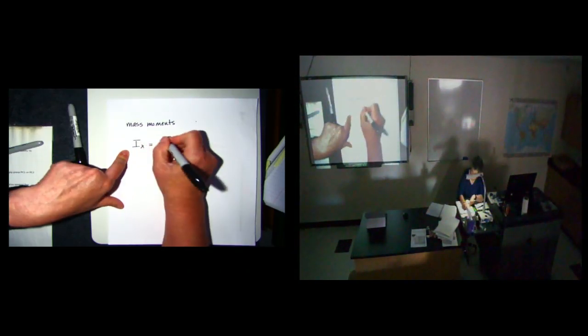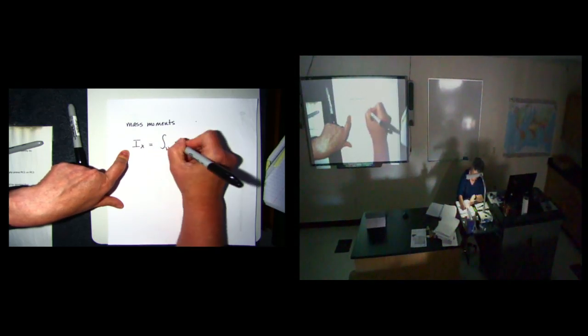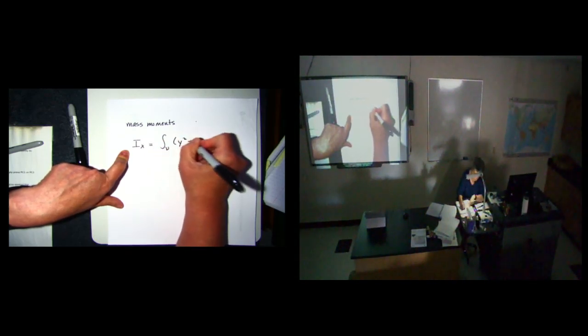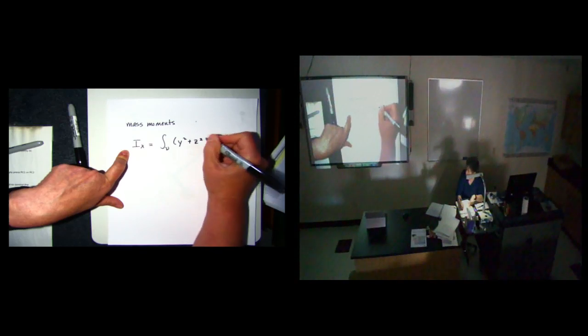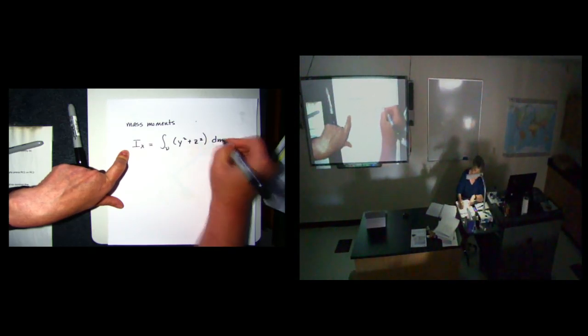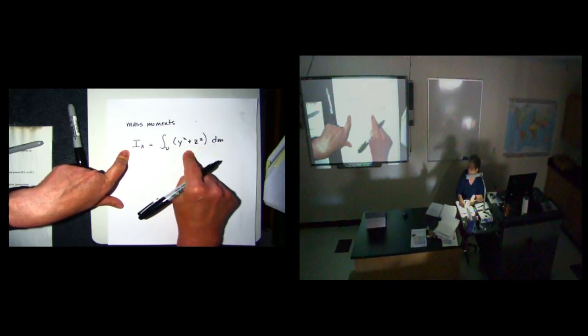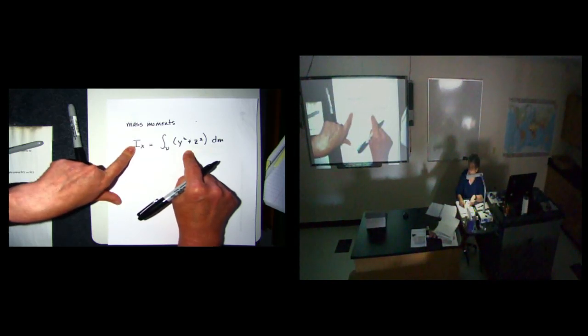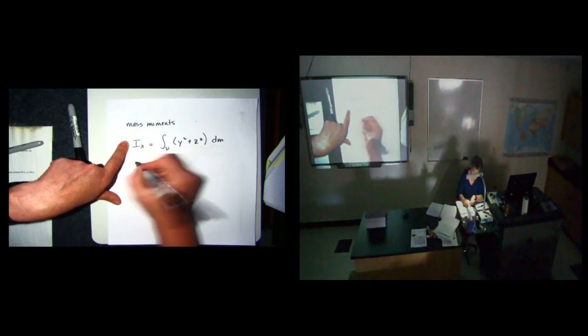If I'm looking at my mass moment about x over some volume, I've got to look at the y squared plus z squared dm, because that's my r squared, right? If I'm looking at the mass moment about x, I've got to look at the r squared about x. So that's what that one is.